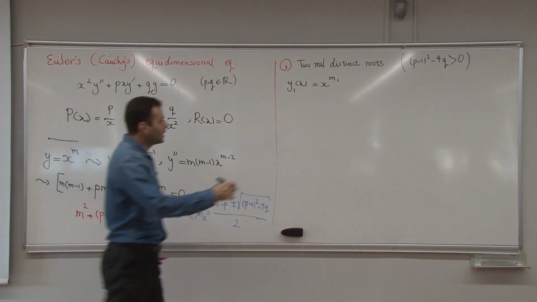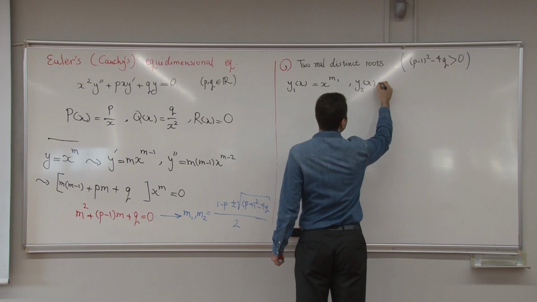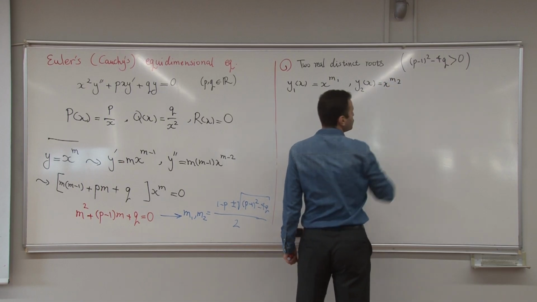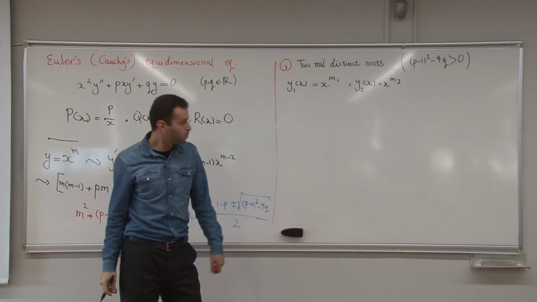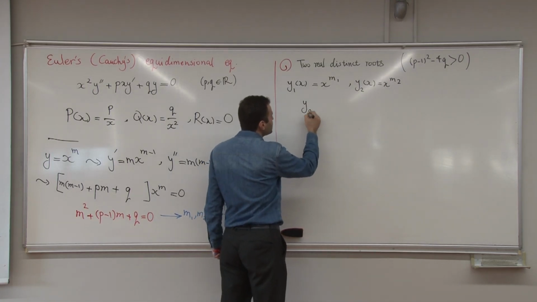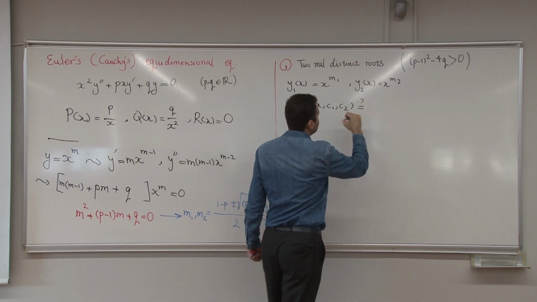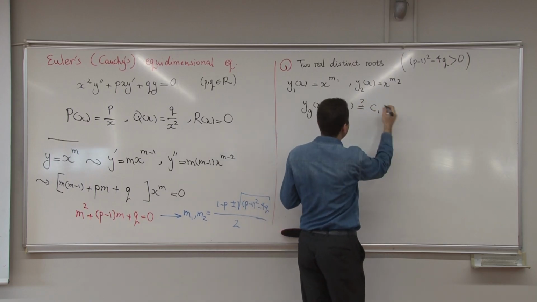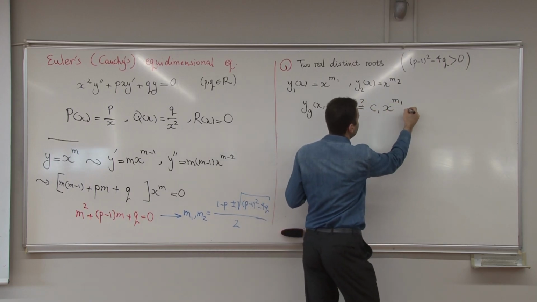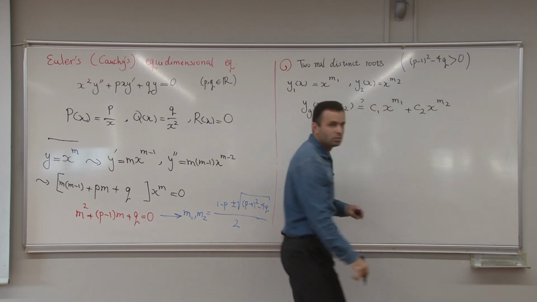And what is my second candidate for a solution? x to the power of m2. Can I write the general solution as c1 times x to the power of m1 plus c2 times x to the power of m2?